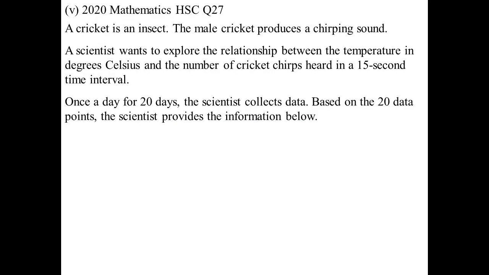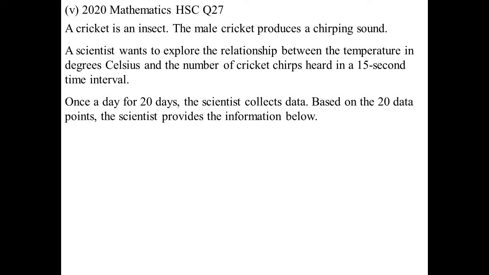A cricket, by the way, is an insect. Well, thanks for that. The male cricket produces a chirping sound. A scientist wishes to explore the relationship between temperature and the number of cricket chirps. And this is what scientists do. They probably get paid a fortune, some government grant, and they work out this useful information.